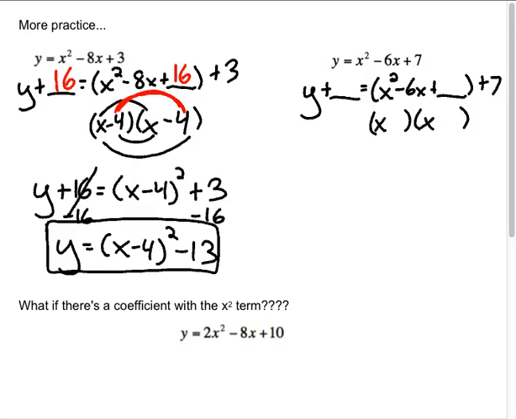Well, the x squared comes from x and x. Remember that negative 6x, that negative 6 has to split itself in half to make these the same factor. So negative 3x minus 3x, that's where that negative 6 is coming from. And finally, this last connection right here is what I have to add to both sides.